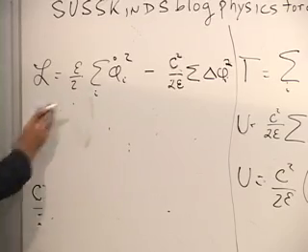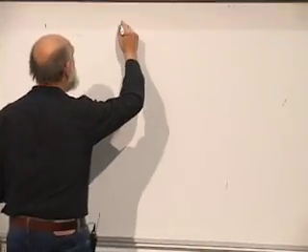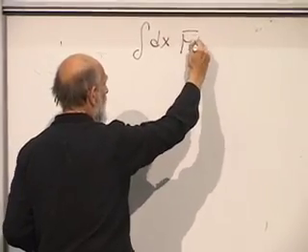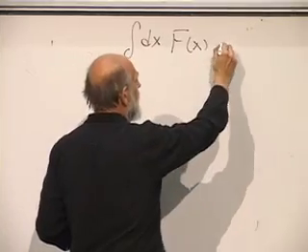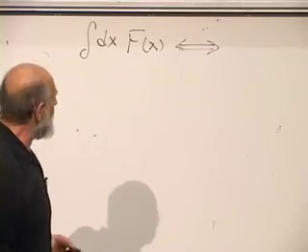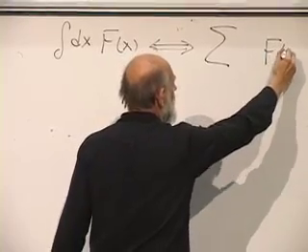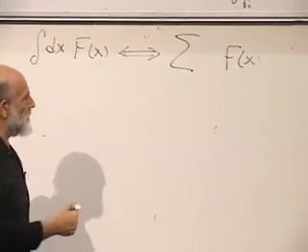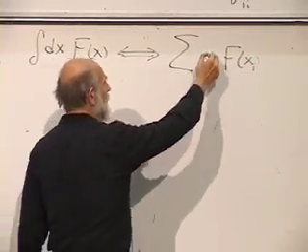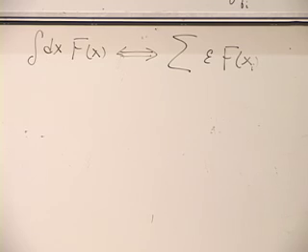Now, this sum, epsilon, let's remember the connection between integrals and sums. An integral dx of anything, let's say f of x, in the limit is equivalent to, let's just put a double arrow there, the same thing as the sum of f of x over the discrete set of points, x sub i, and the dx becomes epsilon. The dx becomes delta x, and in our case, delta x is epsilon.